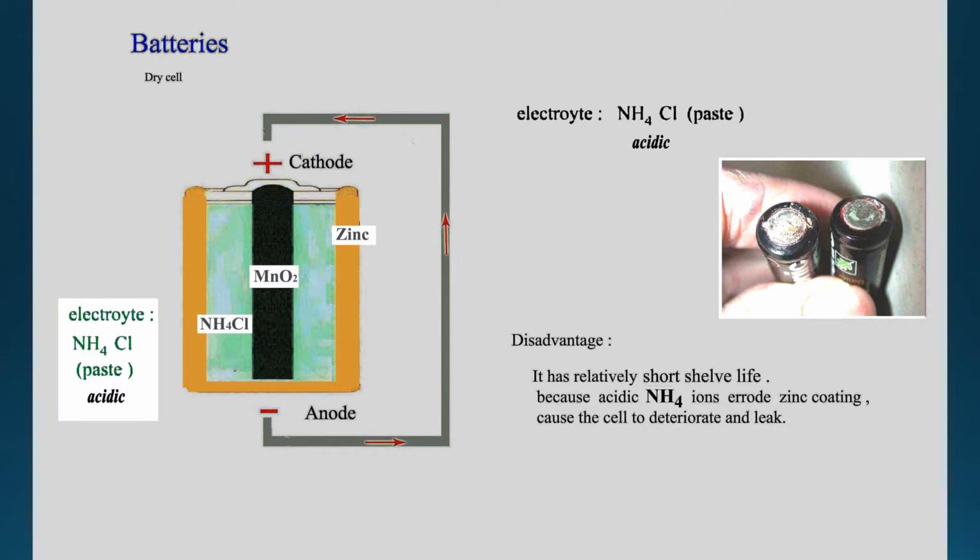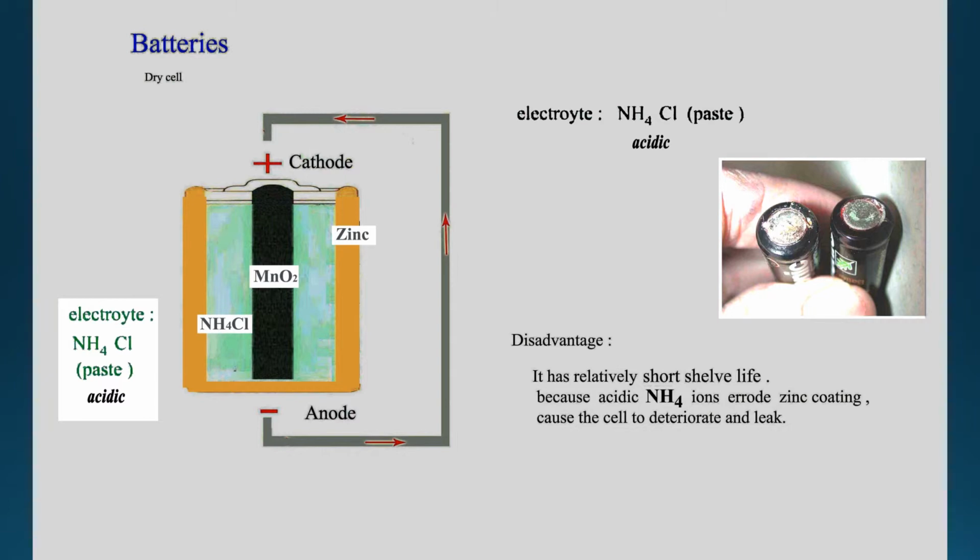That means it's good that it is not liquid, but it also has a disadvantage. Ammonium is acidic. The acidic ammonium ion will attack the zinc coating, so you have a relatively short shelf life, because it will corrode the zinc.